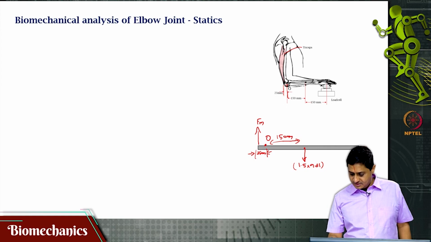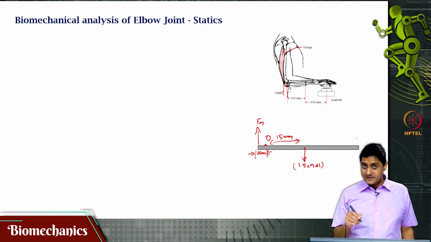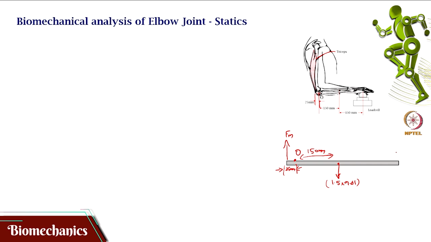On the load cell, the force applied by the person is 150 newtons, but since the load cell is not going down, it is probably kept on a sturdy table. That means that the load cell itself is applying a force of 150 newtons. Remember, I am drawing a free body diagram of the arm system, not of the load cell.